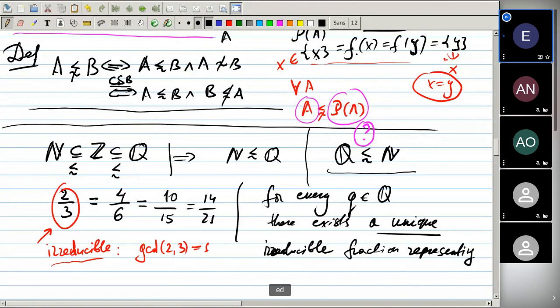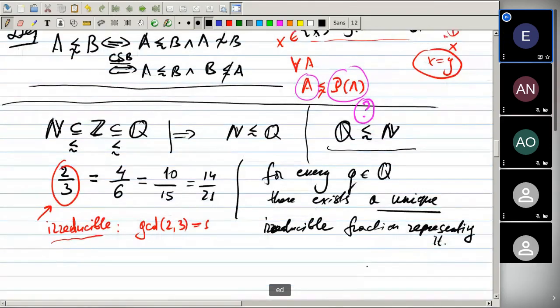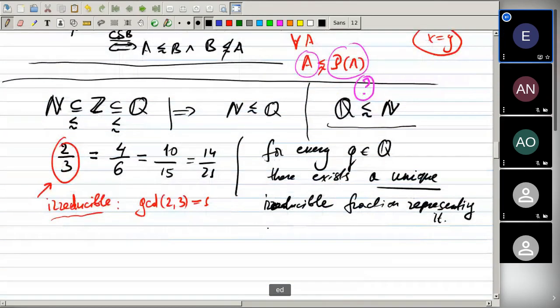It is somewhat informal, but I hope it is comprehensible. Is it clear? There is just one irreducible expression. Yeah, it's clear.